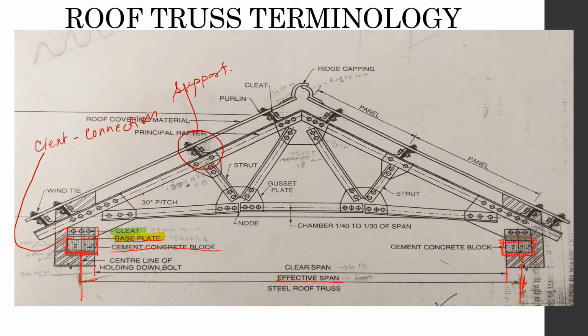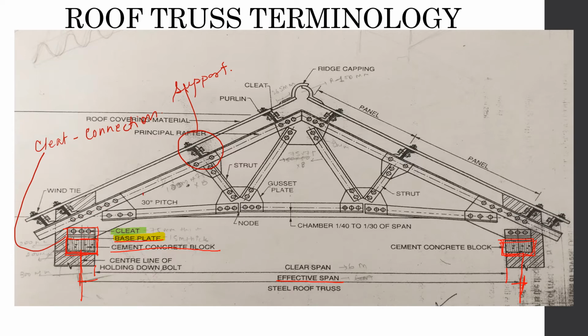So as you can see here that the gusset plate has these small circles. These are bolts which have been fixed into the gusset plate through all these different members.